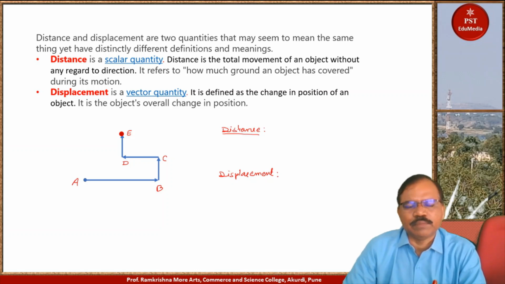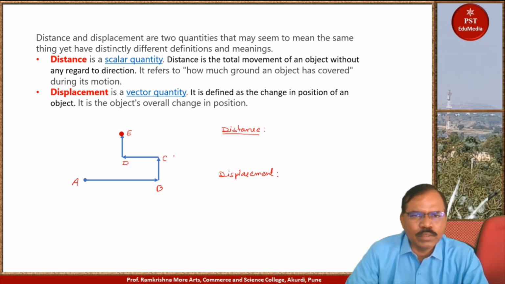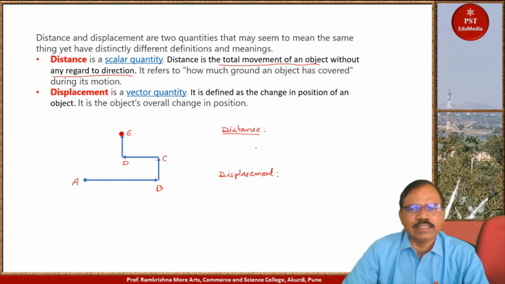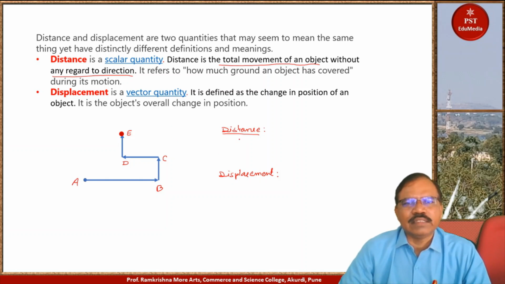Here distance means the total movement of an object without any regard to direction. So the total distance traveled is AB plus BC plus CD plus DE.